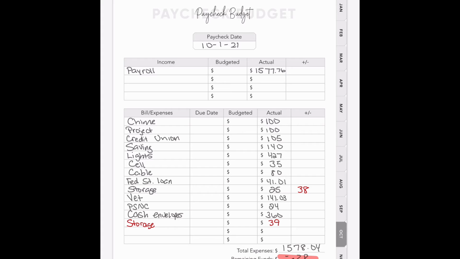I ended up paying more: the vet, how much I paid for the vet visit, gas, cash envelopes. And then I did end up paying another payment on the storage. So I was under by 28 cents. Of course, anything else that came out that I wasn't expecting, I had to use my rollover money from September.